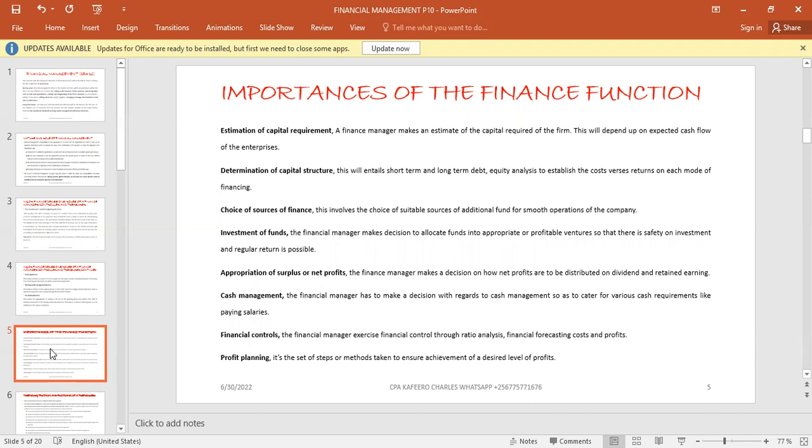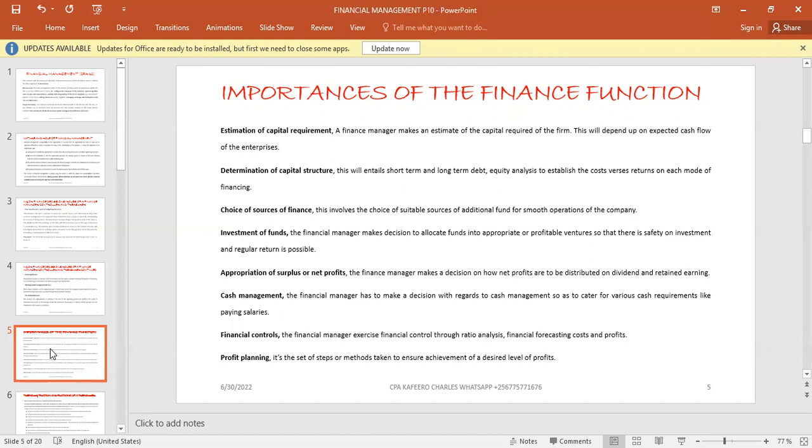Here we are saying that estimation of capital requirement, a financial manager makes an estimate of the capital required by the firm. This will depend upon expected cash flows of the enterprise. Here we are looking at the cash flows in terms of the inflow and the outflow.